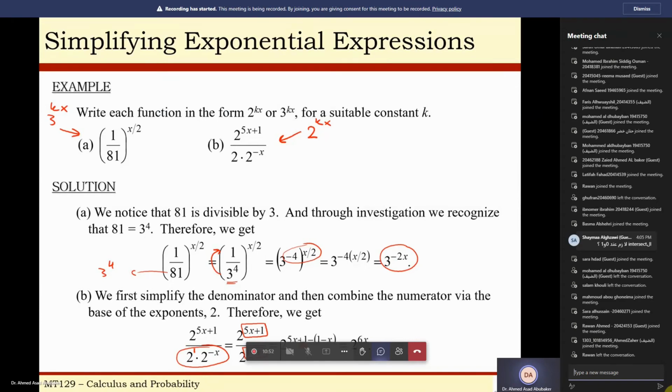So we have 5x plus 1 minus (1 minus x). So x plus 5x gives 6x, and 1 minus 1 is 0. So we convert the expression to 2 to the power 6x.